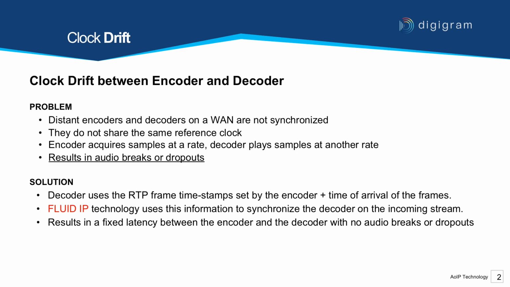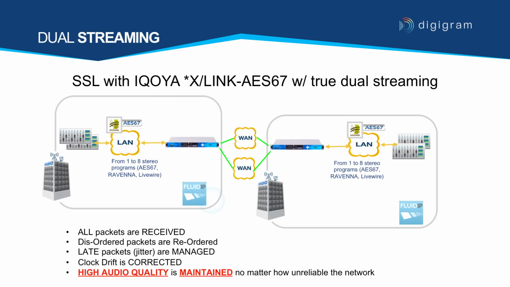So what I'd like to do is show you an example of this. So here's a perfect example where we have a scenario. Could be a studio, could be a church, could be a venue, doesn't matter. We have whatever the audio is in this space. Could be network audio, could be analog, could be AES/EBU, doesn't matter. We can go into one of the Fluid IP solutions, connect it to the internet via an internet service provider.